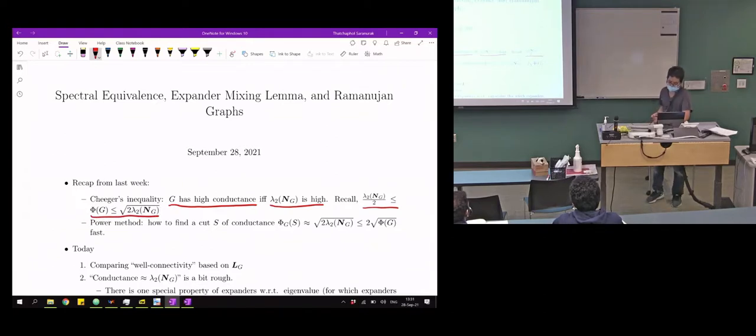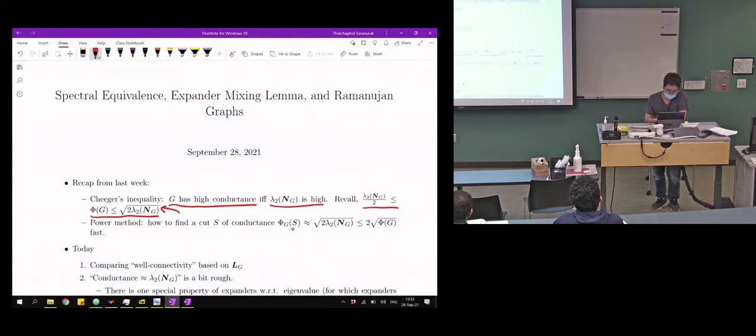This is the precise relationship between them, and just from the proof of Cheeger inequality, we see how to actually get a cut. It says that if the second eigenvalue is small, then there must exist a sparse cut.